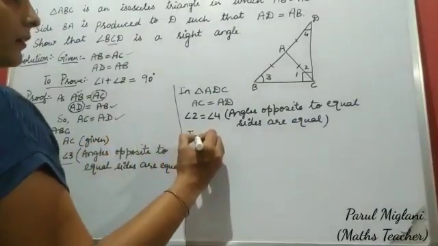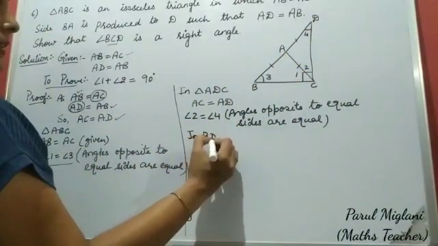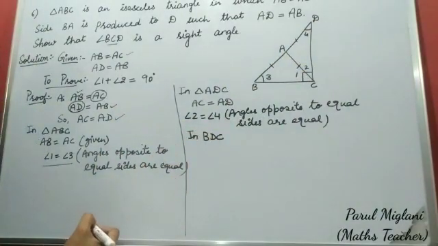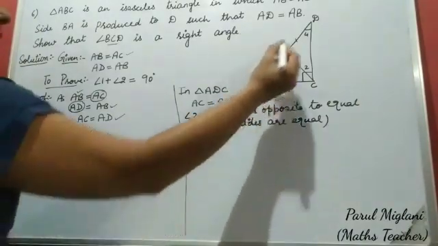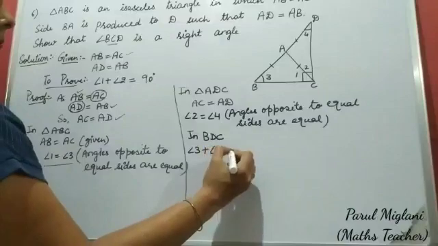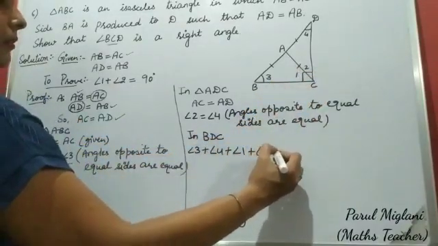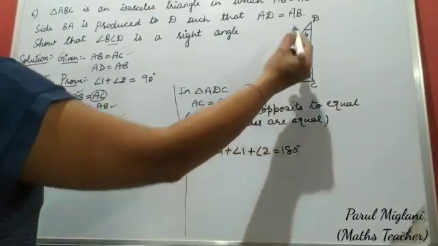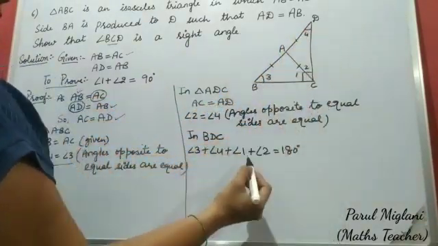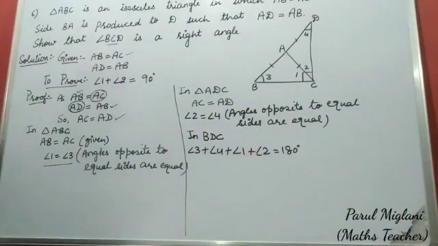Now in triangle BDC, by angle sum property, angle 3 plus angle 4 plus angle 1 plus angle 2 is equal to 180 degrees, because by angle sum property in triangle BDC, angle B plus angle D plus angle C is equal to 180 degrees, but angle C is 1 plus 2.